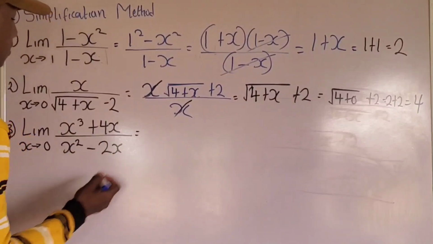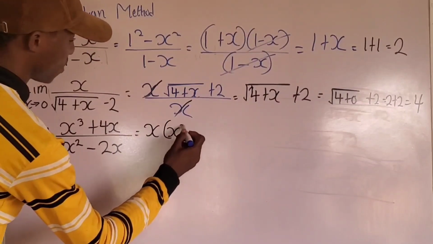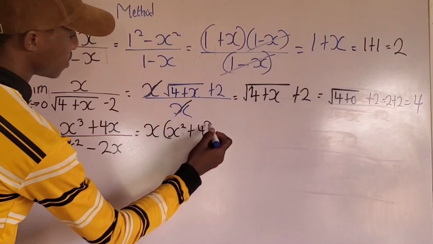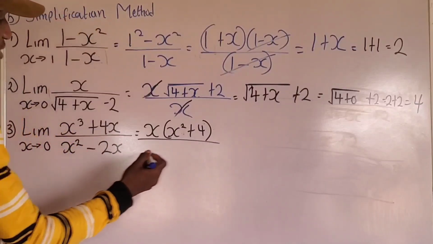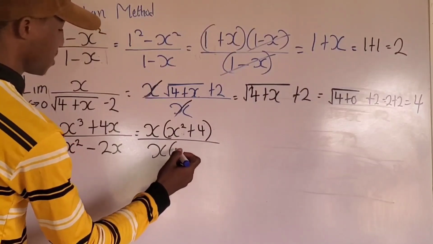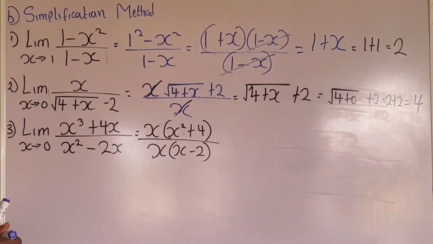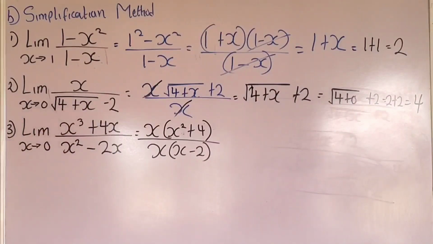So for this, I'm going to have x times x to the power of 2 plus 4, all over x minus 2. What I did was that I just factorized x.